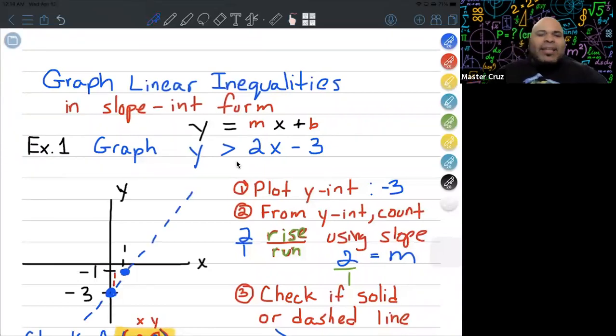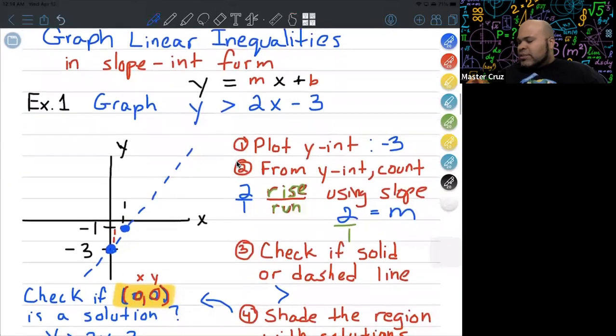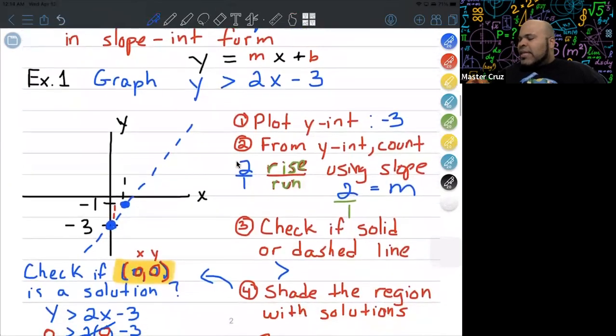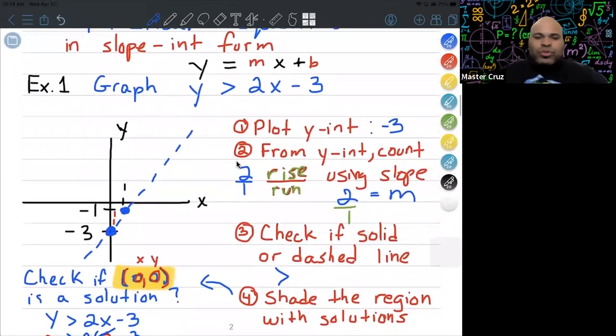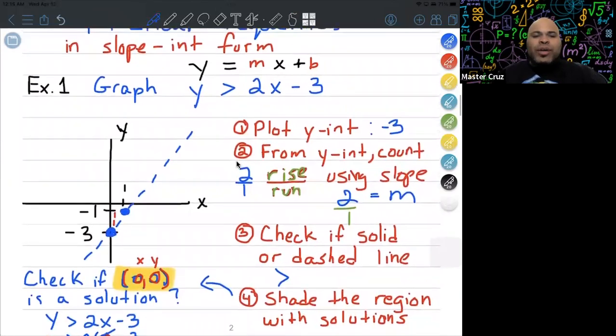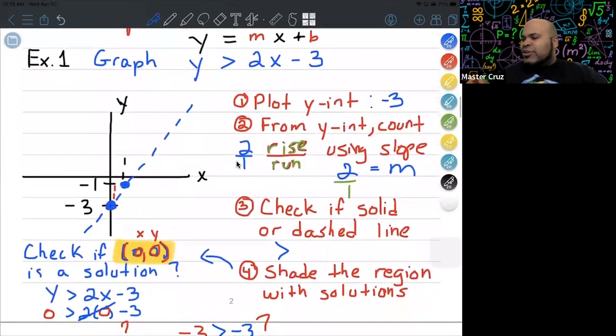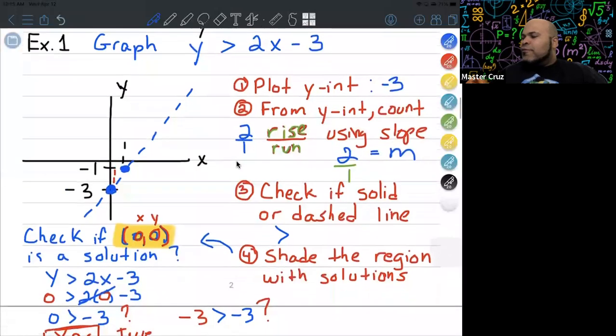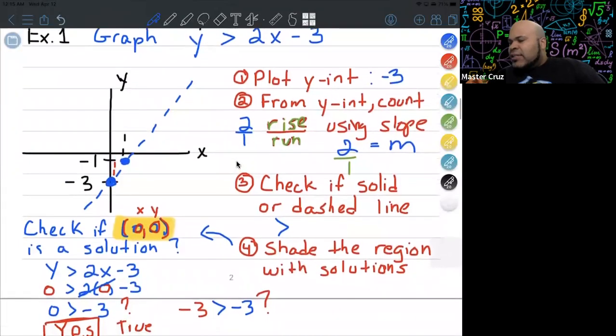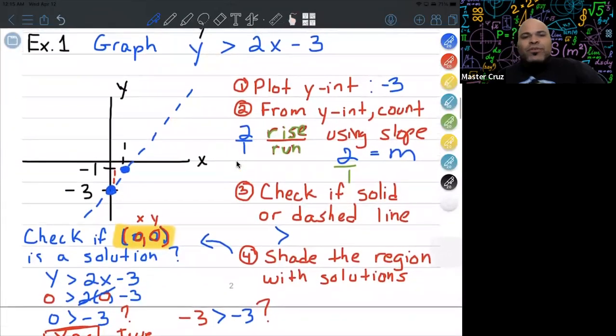Okay. And the last part is, where do I shade? Do I shade above or do I shade below? Well, I need to shade the region with the solution. So there are 2 ways of knowing which side you're going to shade, right? The first way is by looking at the inequality sign, which is right here, and notice this is a greater than sign.